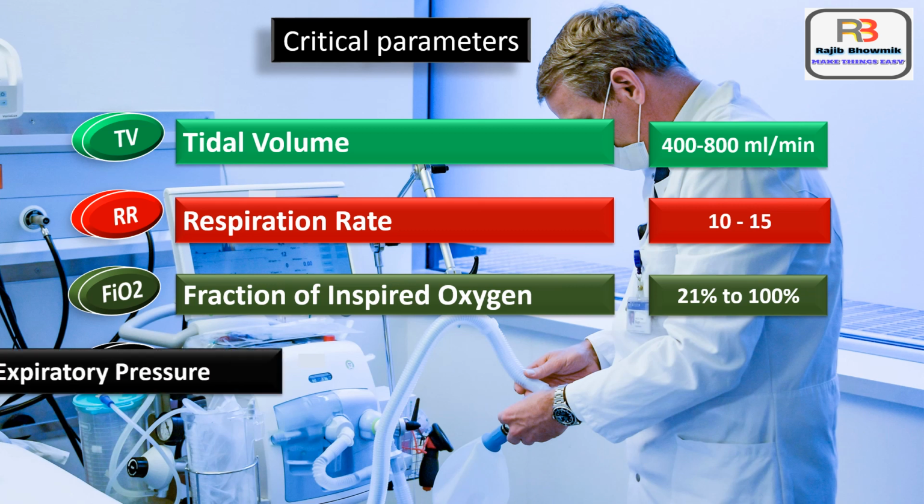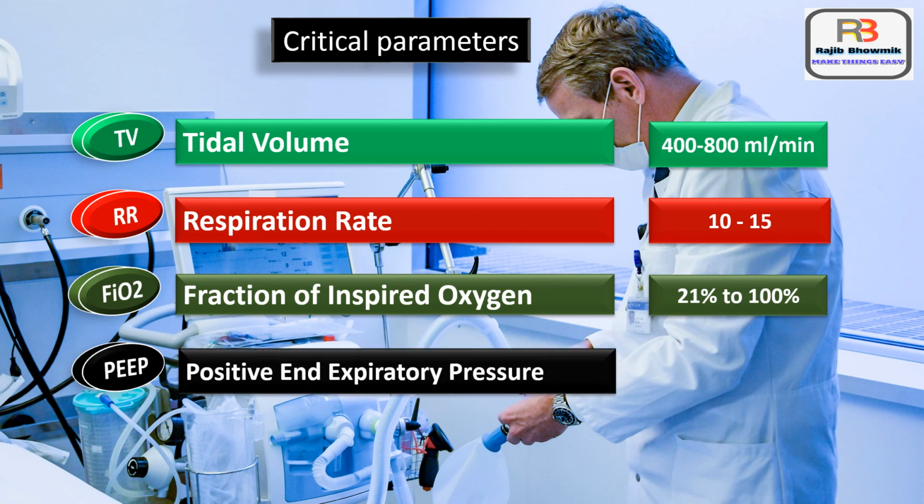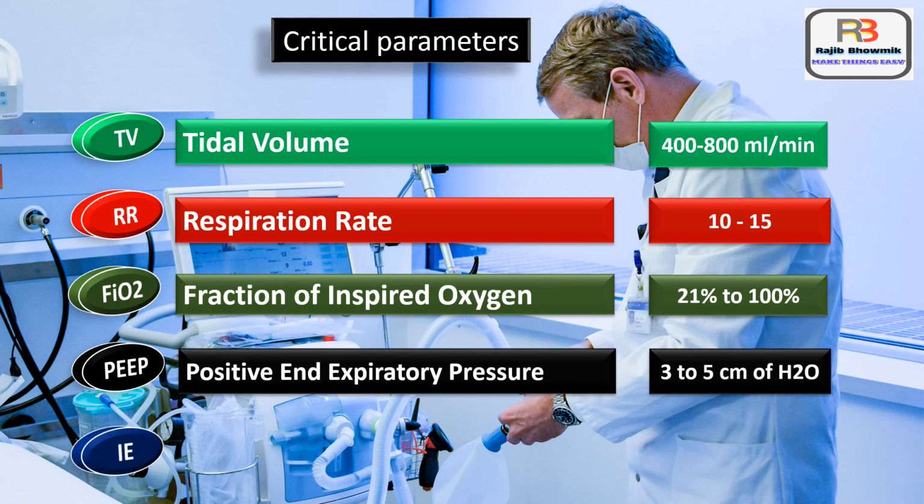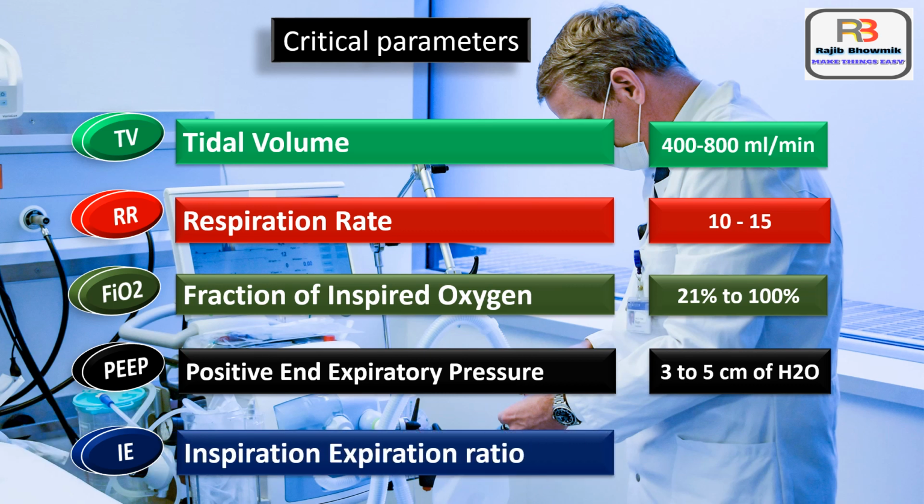PEEP, that means positive end expiratory pressure. To keep some amount of air inside the lungs is called positive end expiratory pressure. The range is 3 to 5 cm of H2O. IE, that means inspiration expiration ratio, and the ratio is 1:2.